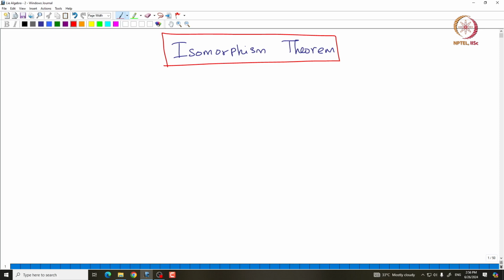This is something you must have seen in other contexts like groups, rings and vector spaces. Now, we will actually see this in the context of G modules. So, we take G a Lie algebra and V and W be G modules.